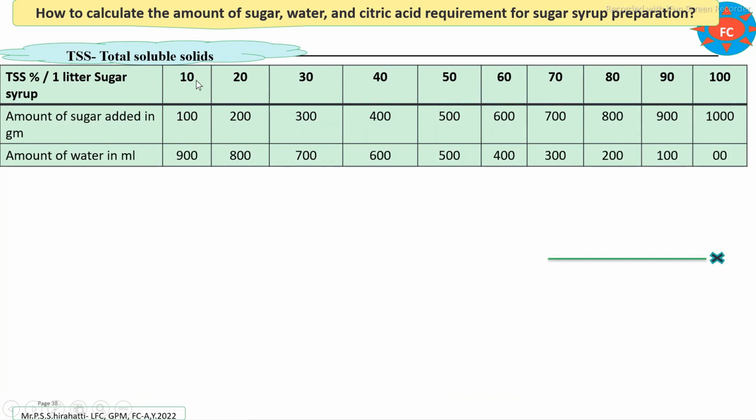It shows the degree Brix of the sugar syrup with respect to the amount of sugar and water required: 10, 20, 30, 40, 50, 60, 70. If you require 70 degree Brix sugar syrup, then take 700 gram of sugar and mix with 300 ml of water. Definitely you get 70 degree Brix sugar syrup.